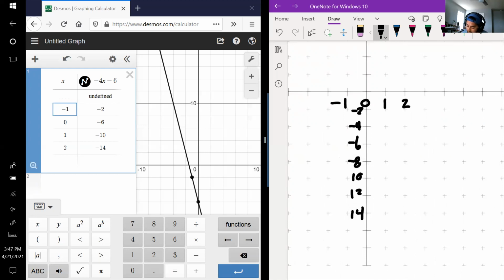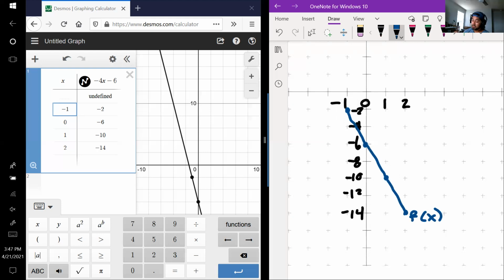Okay, I'm going to plot the first function, and we're at -1, -2; 0, -6; 1, -10; and 2, -14. So here's our f of x.